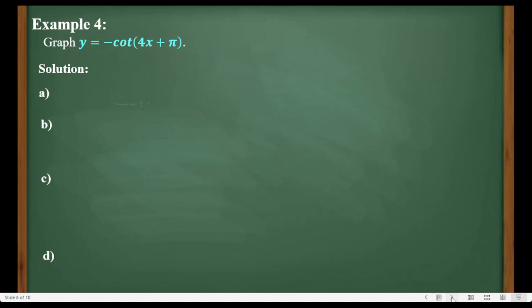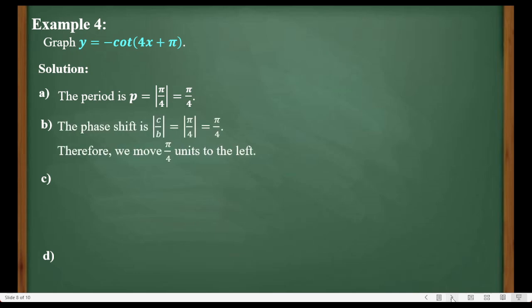Next, for our fourth example, how about the graph of this given function? The period can be determined, so that is pi over 4. And the phase shift can be determined by this formula.